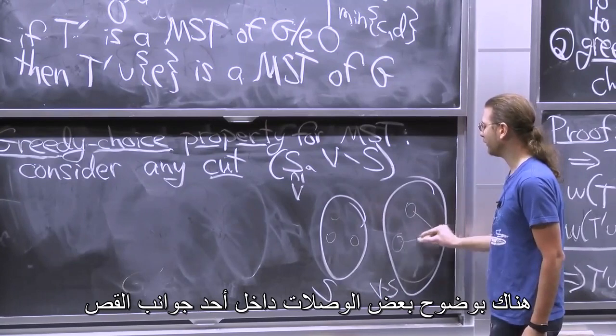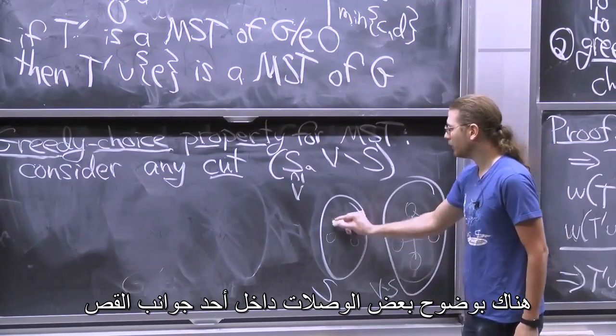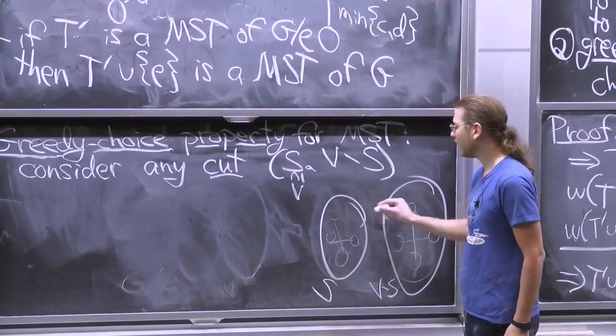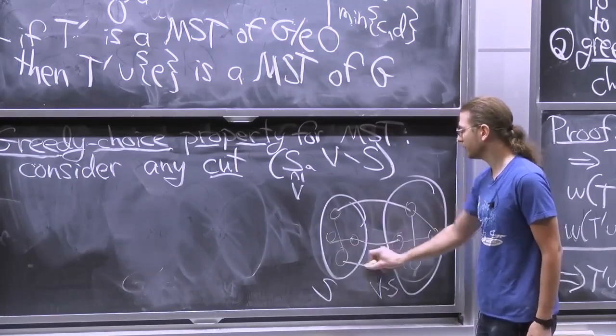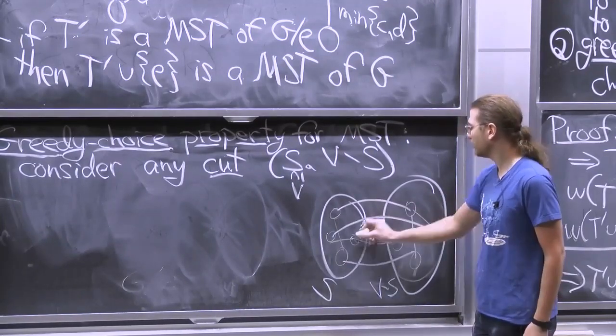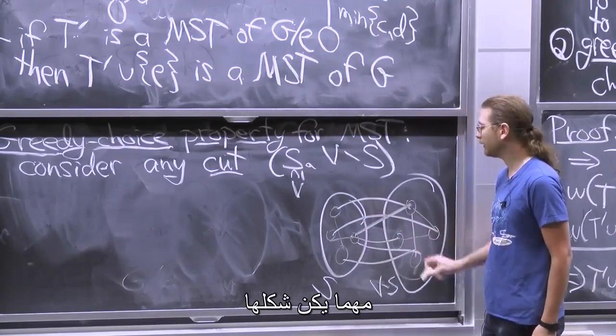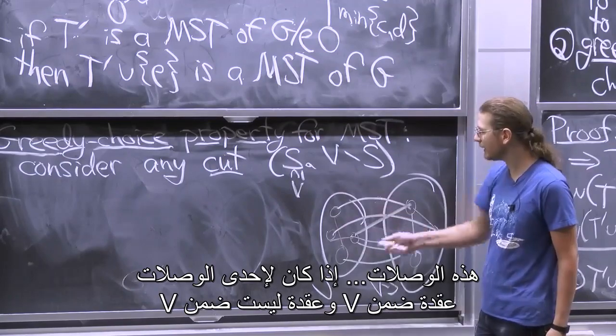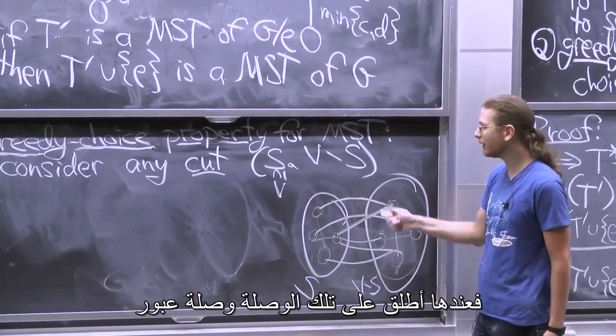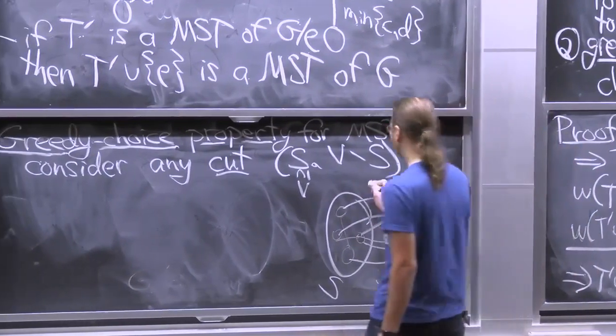There's some edges that are purely inside one side of the cut. And then what I'm interested in are the edges that cross the cut. Okay, whatever they look like. These edges, if an edge has one vertex in S and one vertex not in S, I call that edge a crossing edge.